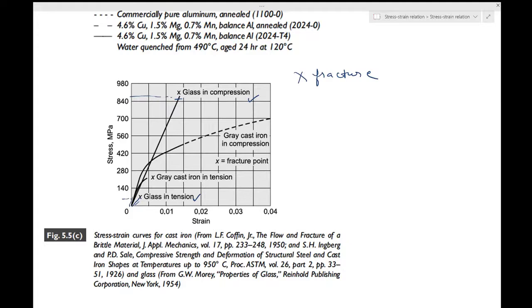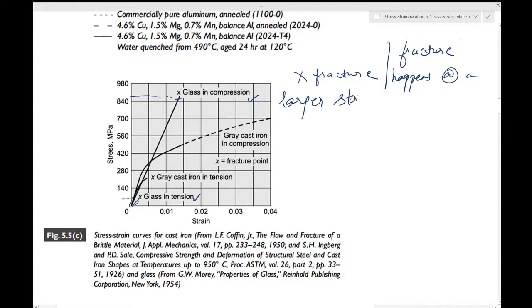This is a usual characteristic of brittle materials, that fracture happens at a larger stress in compression than in tension.